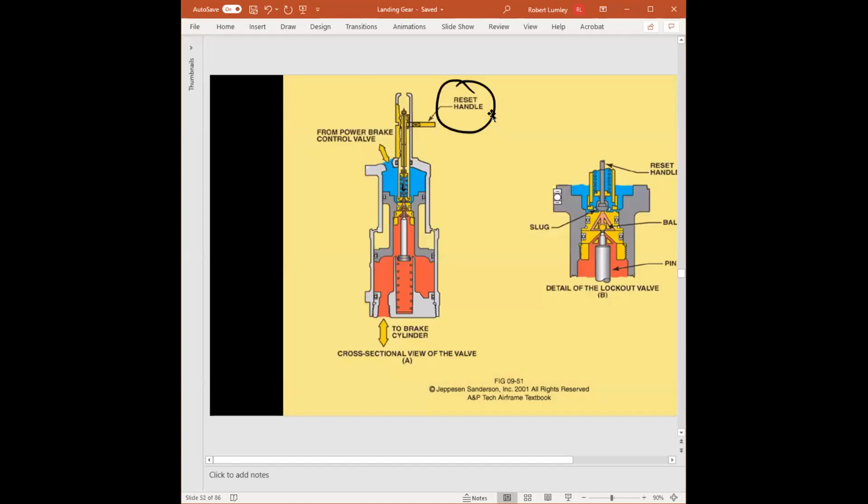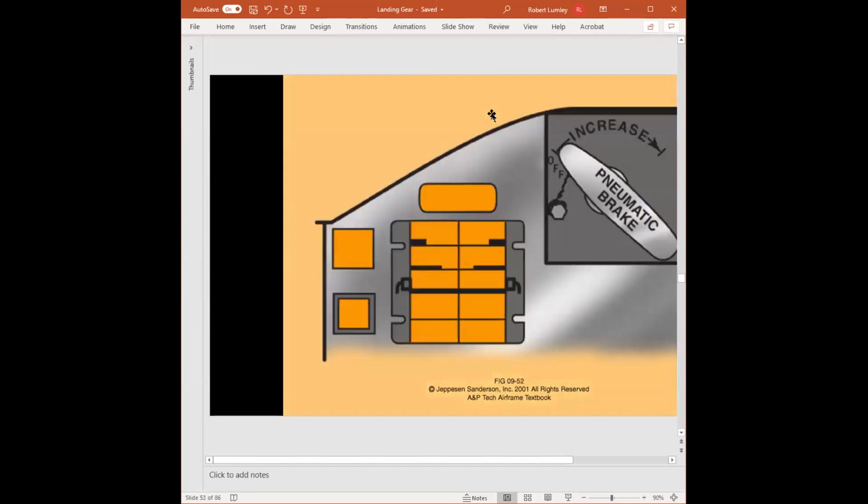Okay, so we talked about the lockout style debooster that has a reset handle. To allow yourself to bleed the brakes, the reset handle has to be actuated. This is what I was talking about with the emergency brake system on the instrument panel, right by the pilot, co-pilot.